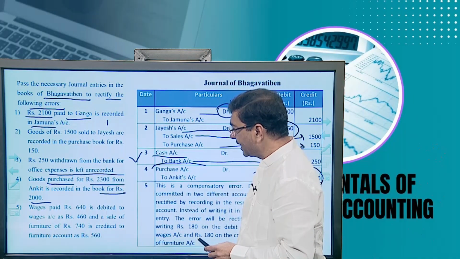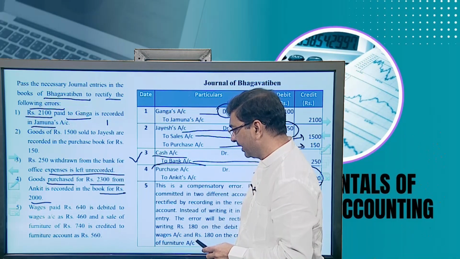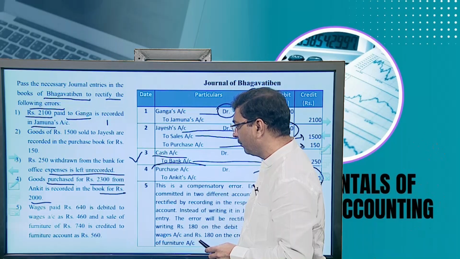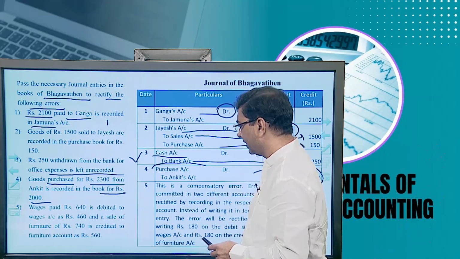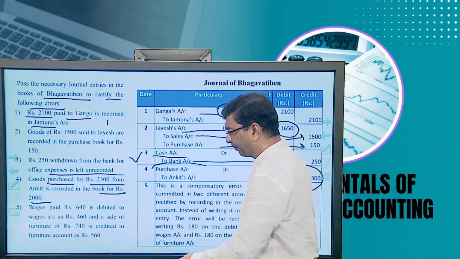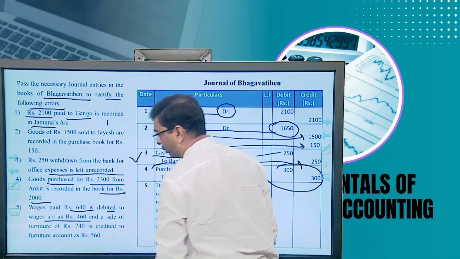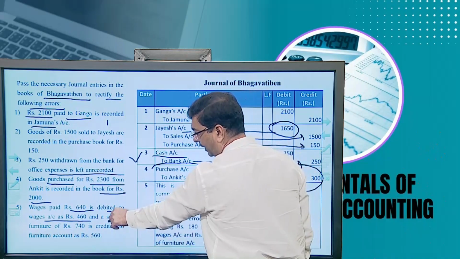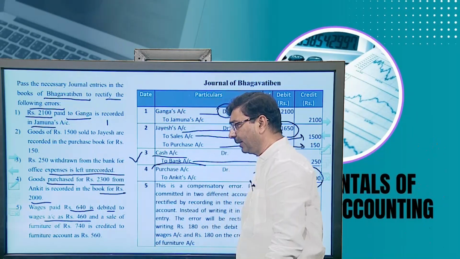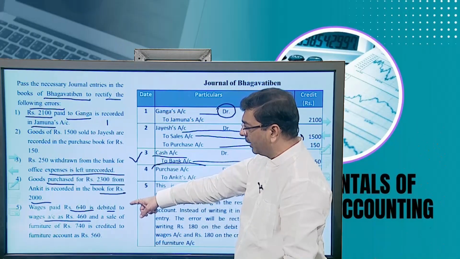Next, wages paid 640 is debited to the wages account by 460, and a sale of furniture of rupees 740 is credited to the furniture account by 560. Correct? So here the first is wages paid 640 debited to wages account by 460. What is the difference between this 460 and 640? We need to identify how much was recorded less.